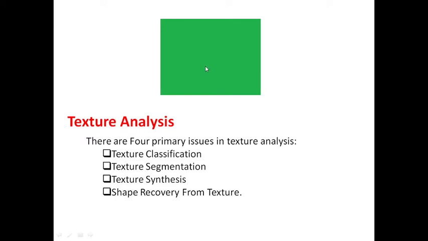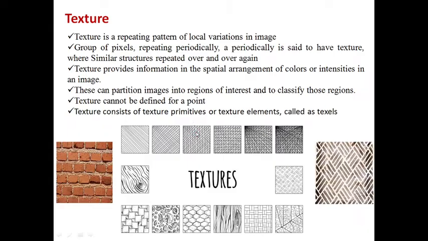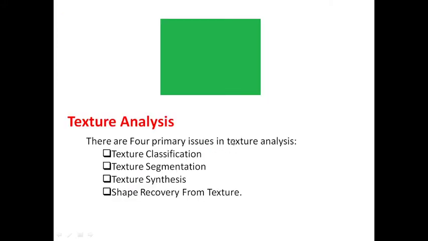So this image doesn't possess any texture property, right? The texture consists of texture primitives or elements, which are the texels. So texture is a repeating pattern of variations in an image, right?